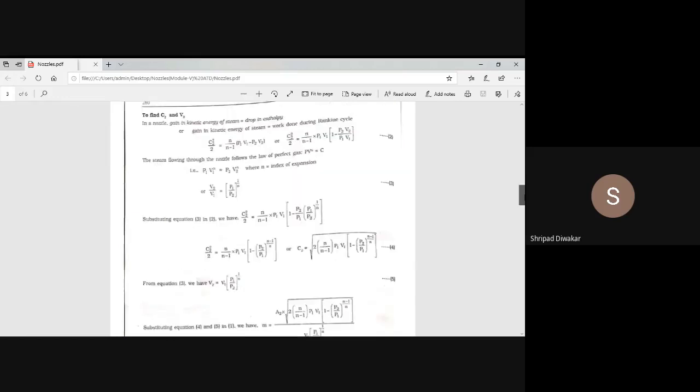You remember C2 is nothing but the exit velocity in the nozzle. Now I am going to substitute the value of V2 by V1 from equation number 3 in equation number 2. Just substitute: C2 square by 2 as it is, N divided by N minus 1 as it is, P1 V1 as it is, in the bracket 1 minus P2 by P1 as it is.